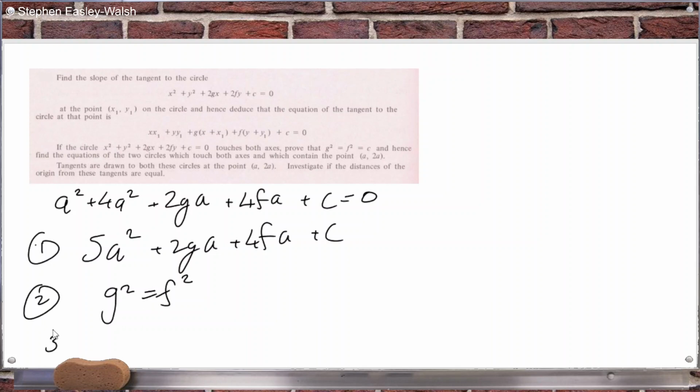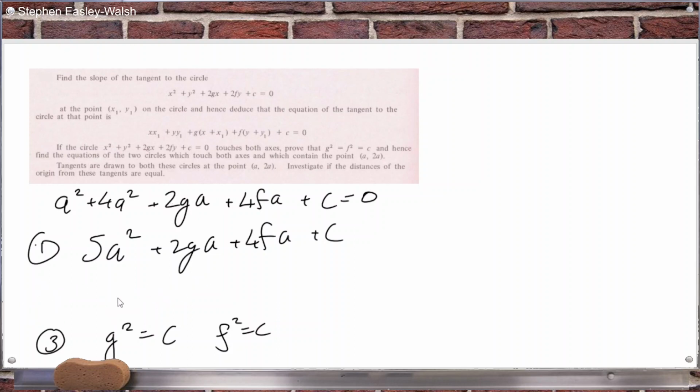And then third equation, I know that g squared equals c, and I know f squared equals c. So yeah, maybe I should just do it. I didn't really want to have roots in here, but maybe I should. So I know the g and the f I can replace by root c.